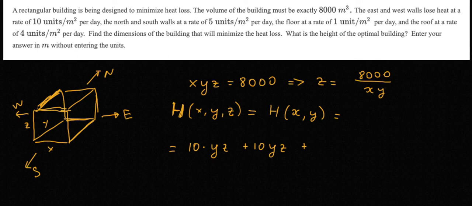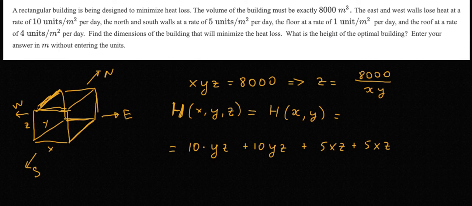And then for north and south walls, they lose heat at the rate of 5 units per square meter, and since the area of the south and north facing walls is x times z, we get plus 5xz plus 5xz, the amount of heat lost by the south facing wall and by the north facing wall.